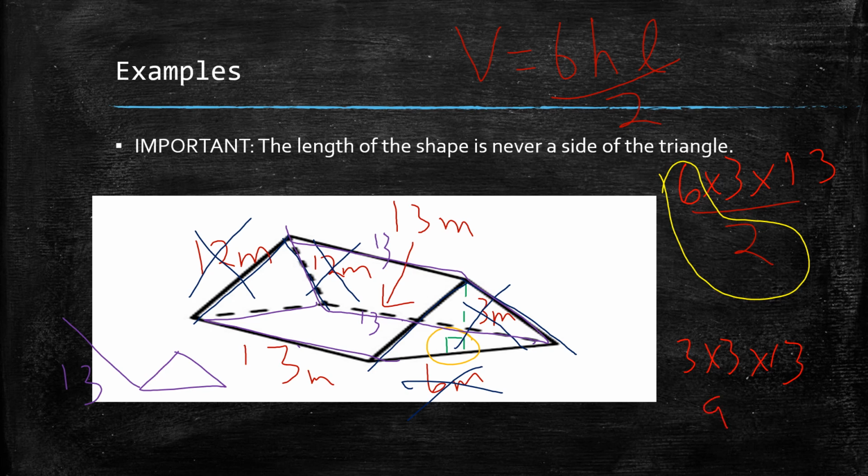So this problem is just going to be 13 times 9. That's 117 meters cubed. That'll get you your answer for this one.